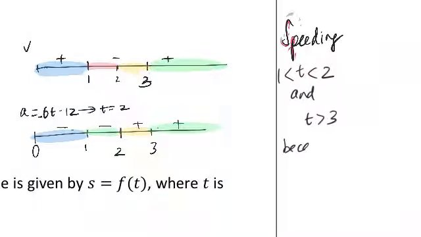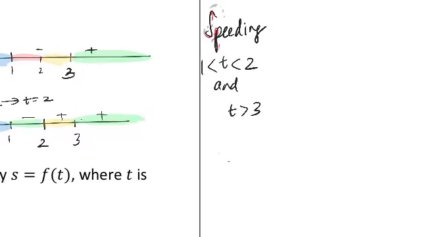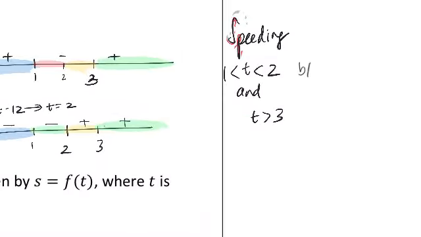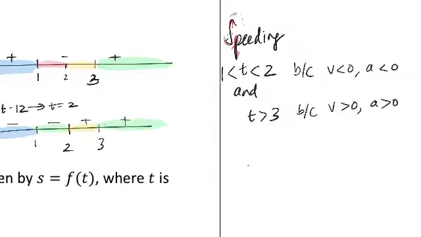And the reason is velocity is positive and acceleration, well, I guess we should say them separately because we can't say them together. So we could say it this way. 1 to 2 because velocity is negative and acceleration is negative, and t greater than 3 because velocity is positive and acceleration is also positive, right?